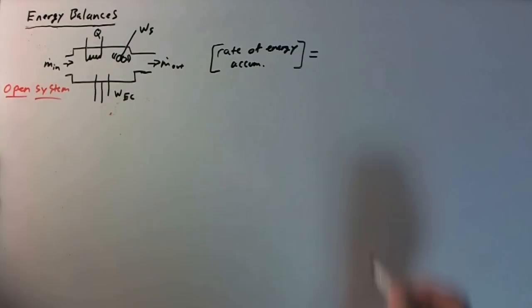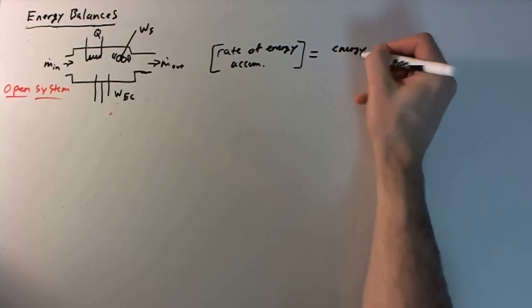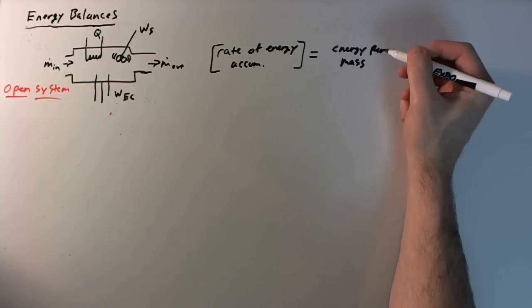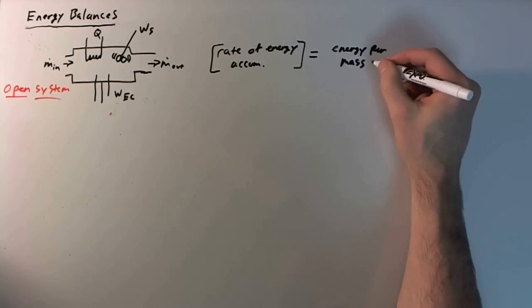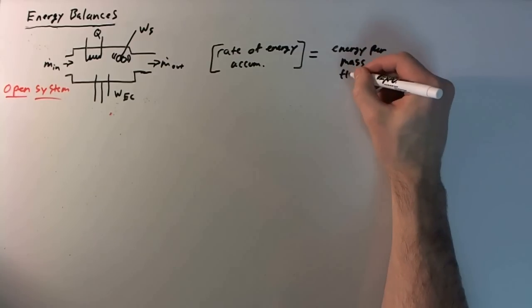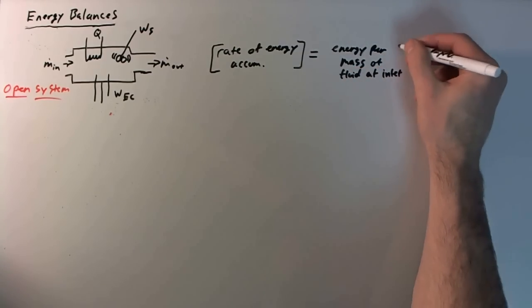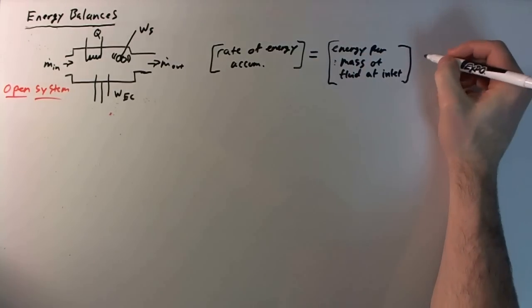It's going to be equal to the energy per mass of the fluid that's coming in at the inlet. So that's right here. Energy per mass of fluid at the inlet times the mass flow rate.